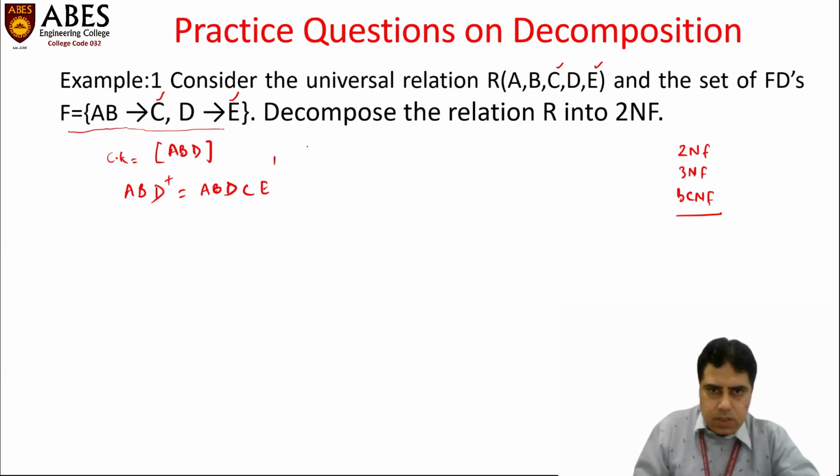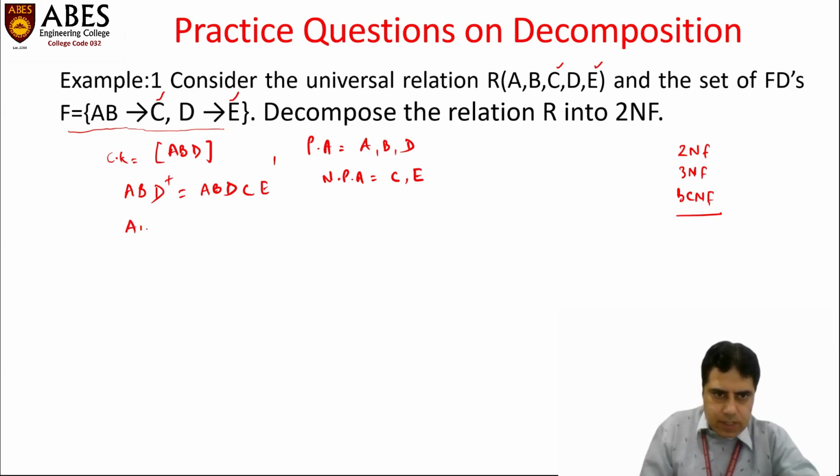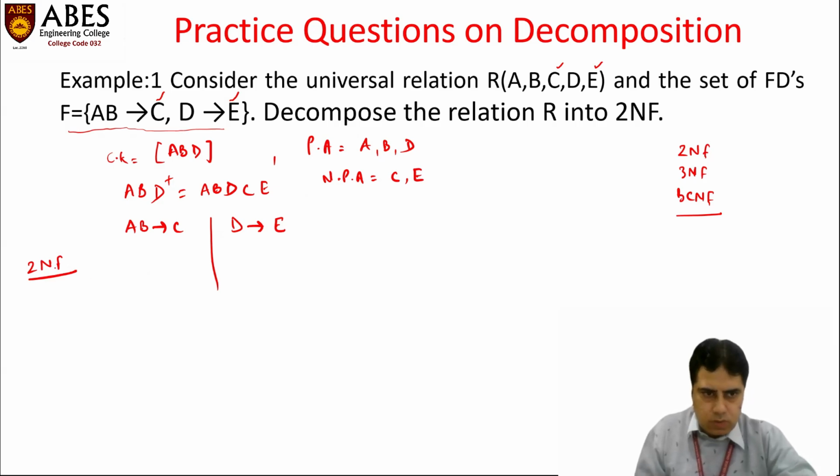Now, step 2: the attributes which are part of the candidate key are prime attributes, A, B, D, and the non-prime attributes are C and E. Now, the given functional dependencies are AB determines C and D determines E. Now we have to check whether these functional dependencies are in 2NF or not.